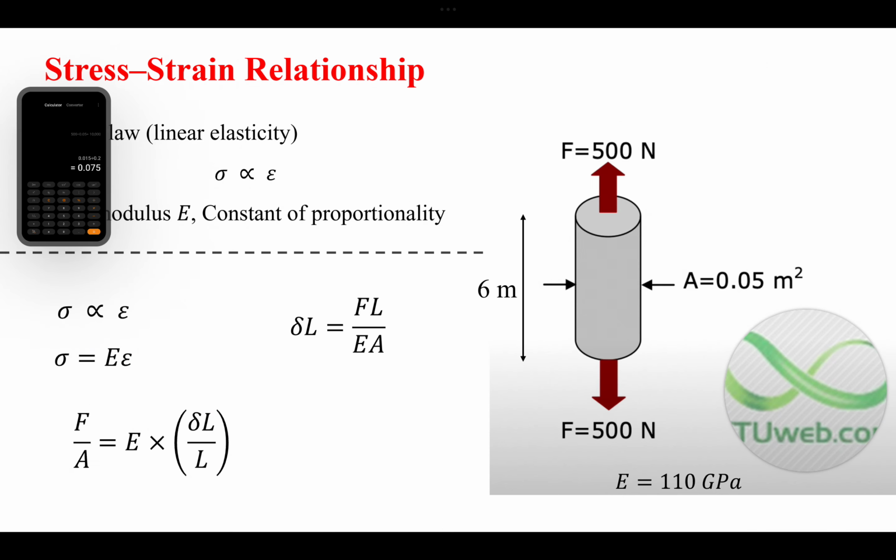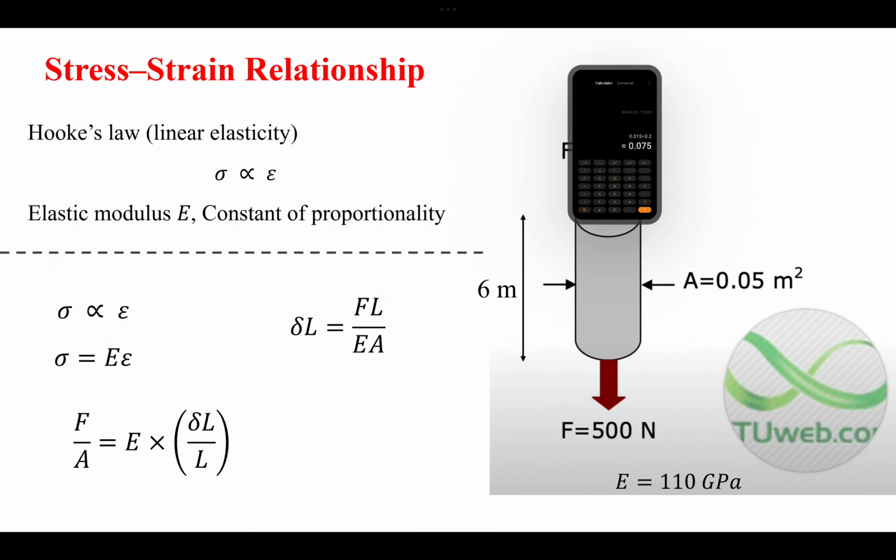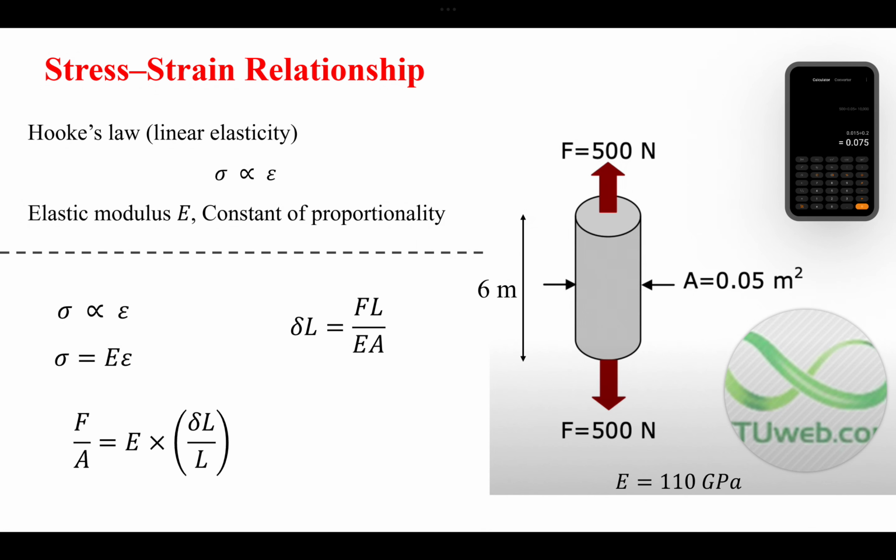Now let's have a look at this example, where you have the original length of 6 meter. It has shown that initially it is 6 meter. The area is also 0.05.